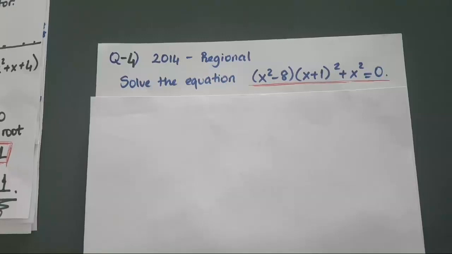Can we use a helping variable in this step, guys? Like x plus 1 is t, or x squared minus 8 is t. Can a helping variable help me in this step, in this form?